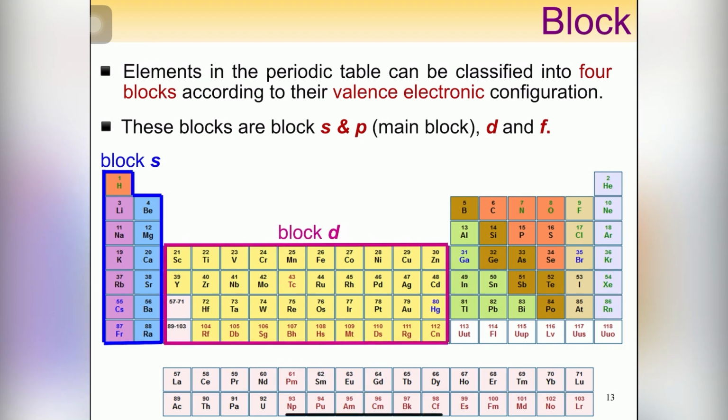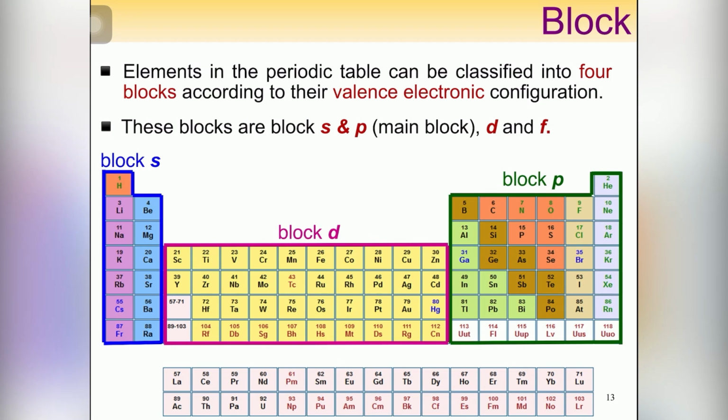For the transition elements, the valence electrons occupy orbitals s and d, so the transition metals are in block d. For block p, the valence electrons occupy orbitals s and p, so those elements are in block p. And we also have block f, below here, these two rows.